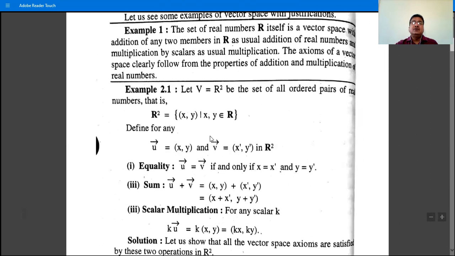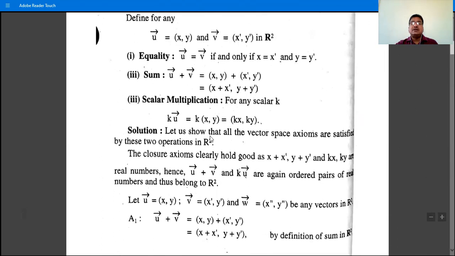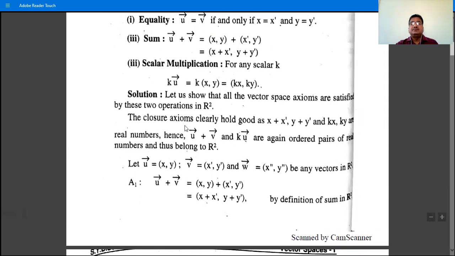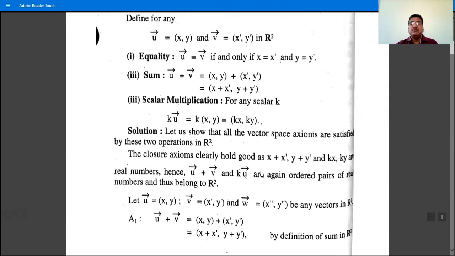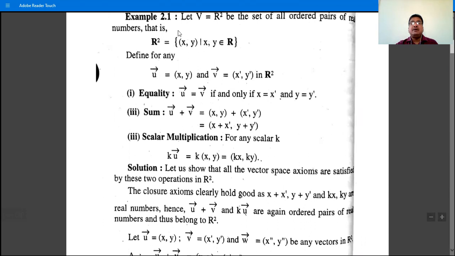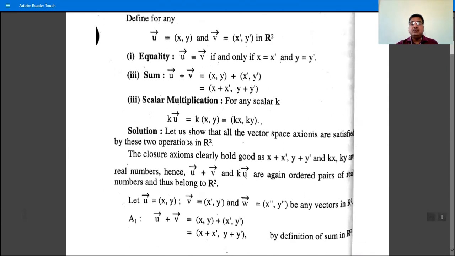So we have to prove these 10 axioms. The first axiom is the closure axiom. We have to prove that the addition of every two elements of R square belongs to R square. Suppose u and v are any two elements, and then what is u plus v? u plus v is (x plus x dash, y plus y dash), and this is again an ordered pair.